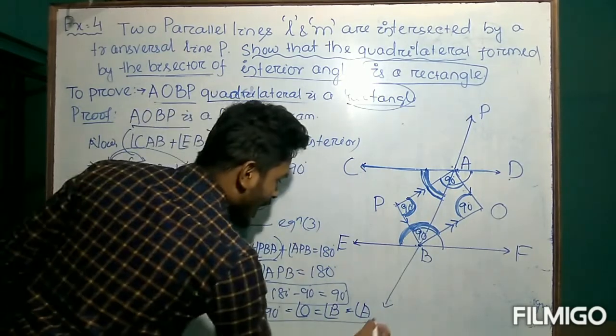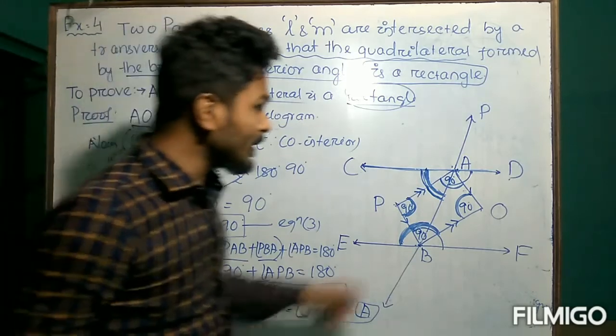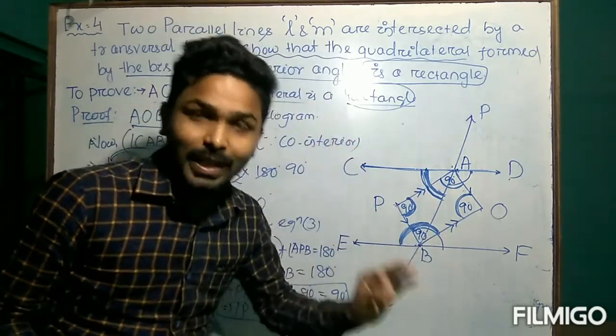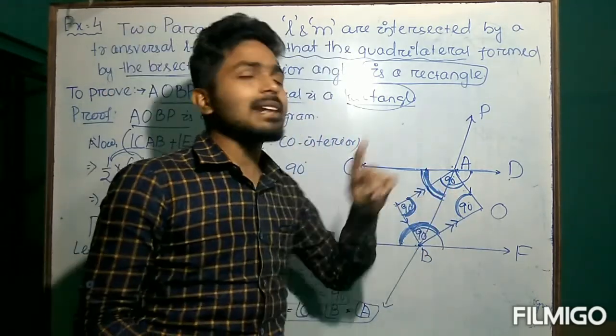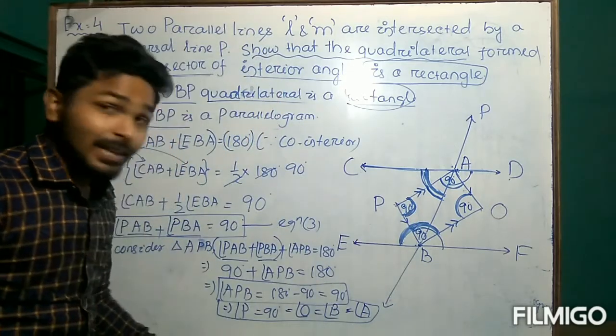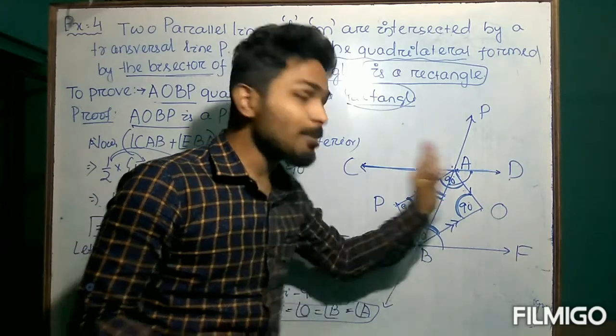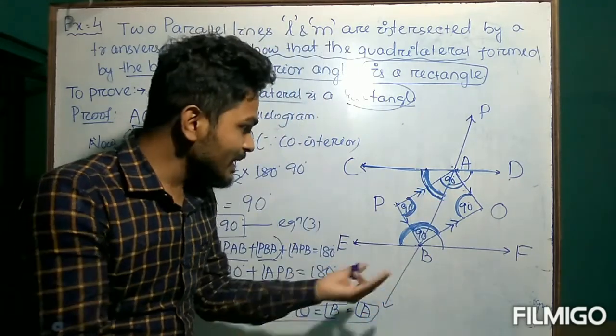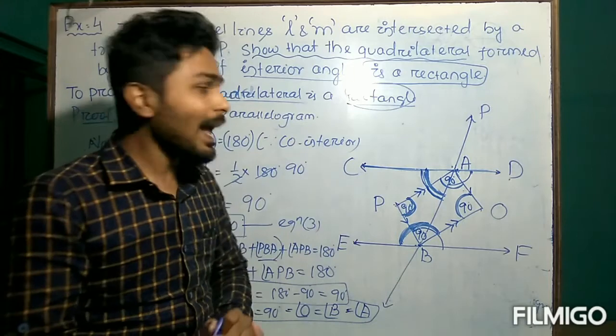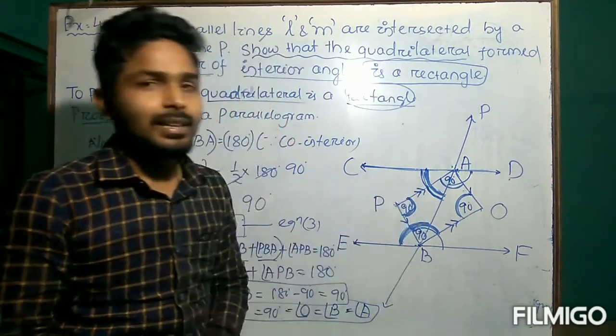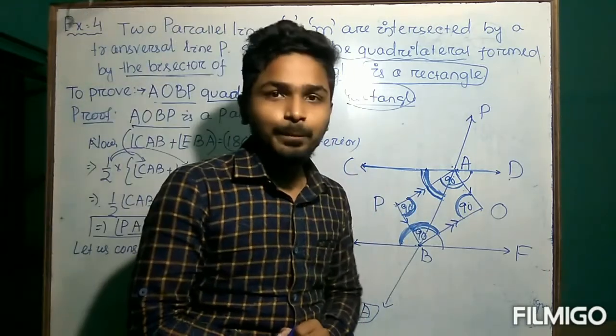So finally what have we proved? We have proved AOBP is a parallelogram in which each angle is 90 degrees. Now tell me, if in a quadrilateral the opposite pairs of sides are parallel, and since they are parallel they are also equal, and each angle is 90 degrees, then which type of quadrilateral is it?